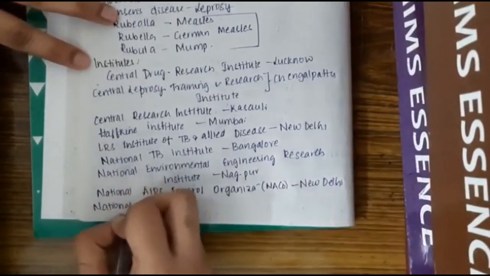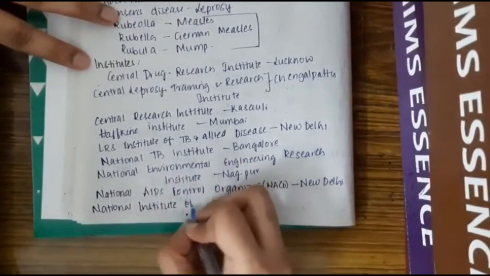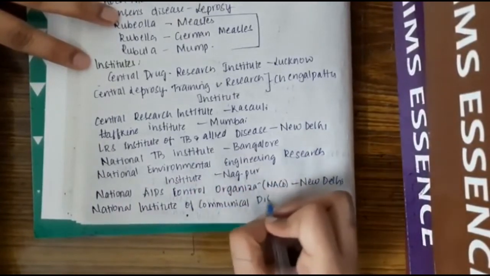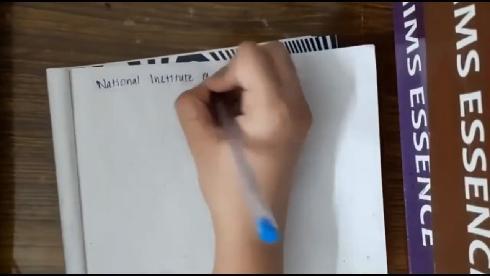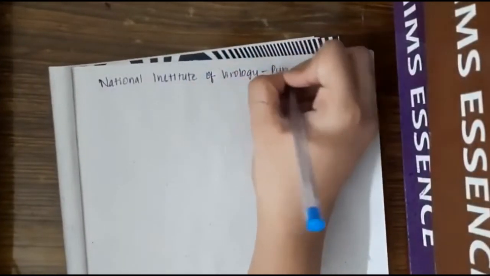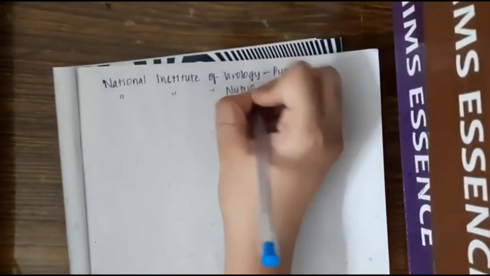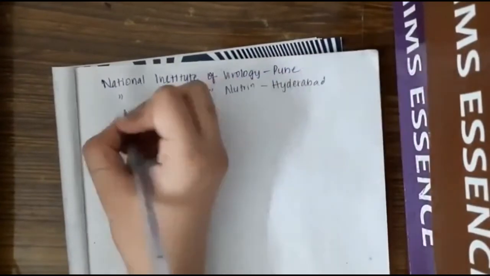National Institute of Communicable Diseases is located at New Delhi. National Institute of Virology is located at Pune. National Institute of Nutrition is located at Hyderabad.